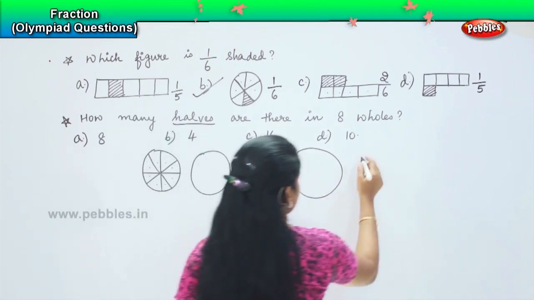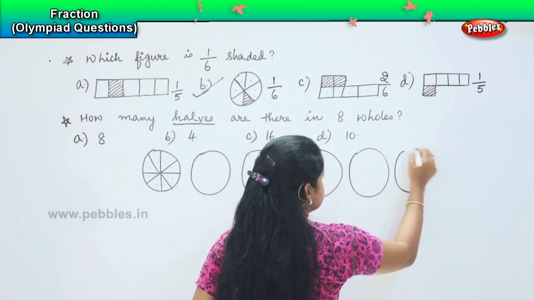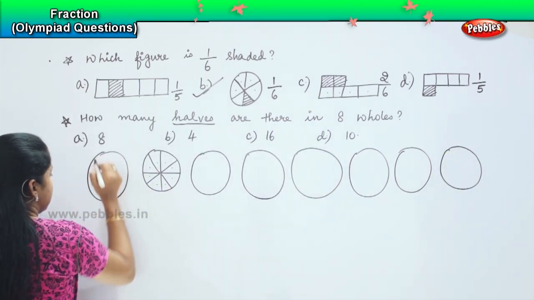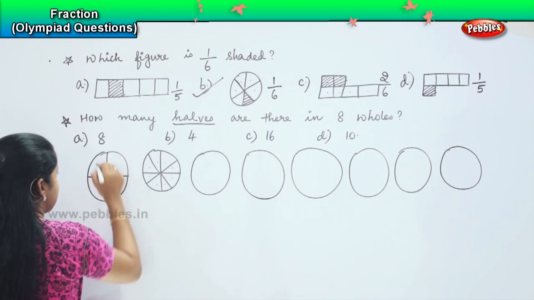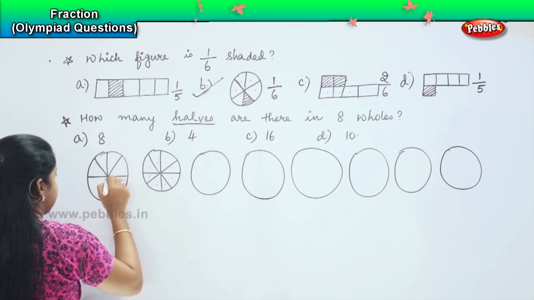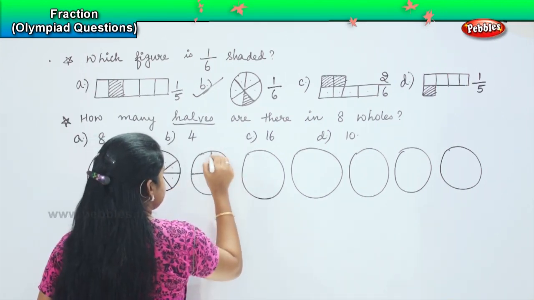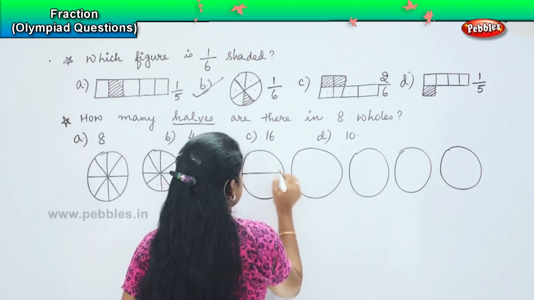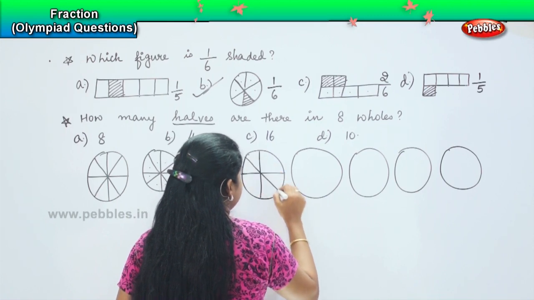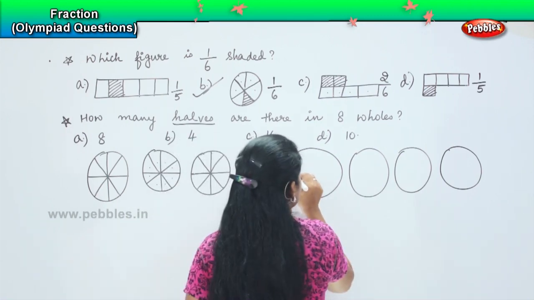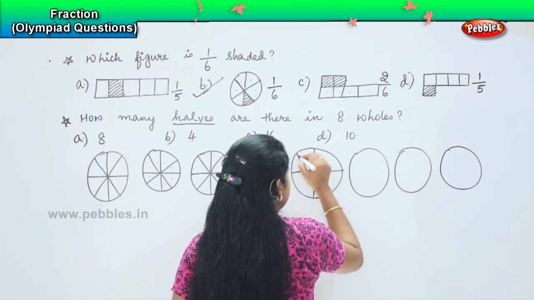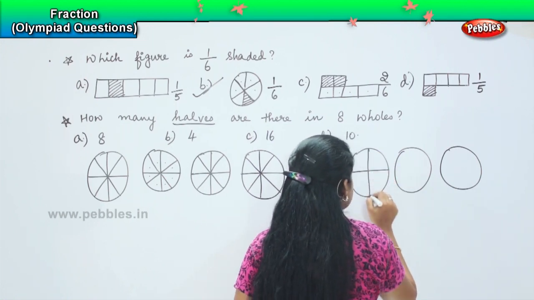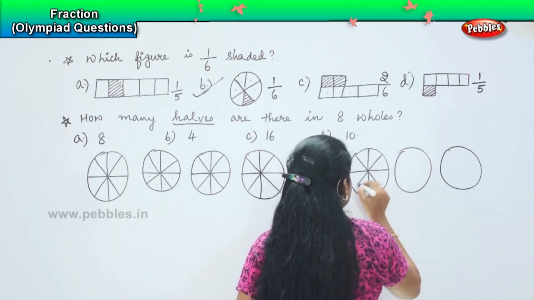So 1, 2, 3, 4, 5, 6, 7 and 1 here, 8. So now I'll be counting how many halves are there. They have asked me to find out the halves in 8 wholes. So we are going to divide these circles and then we will find out how many halves are there.